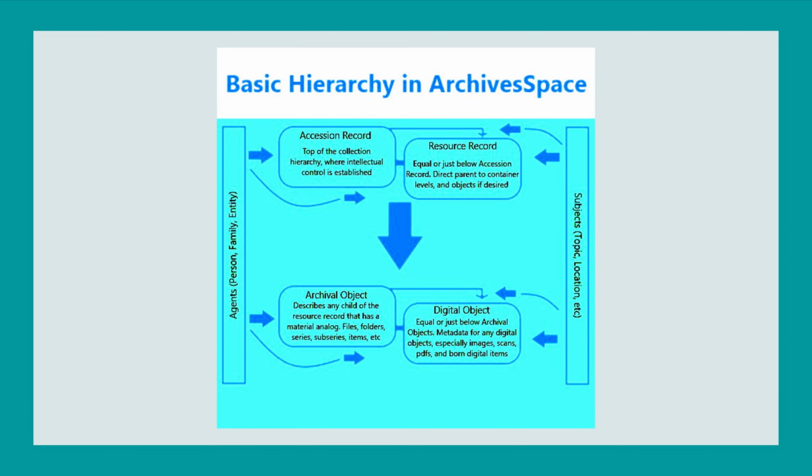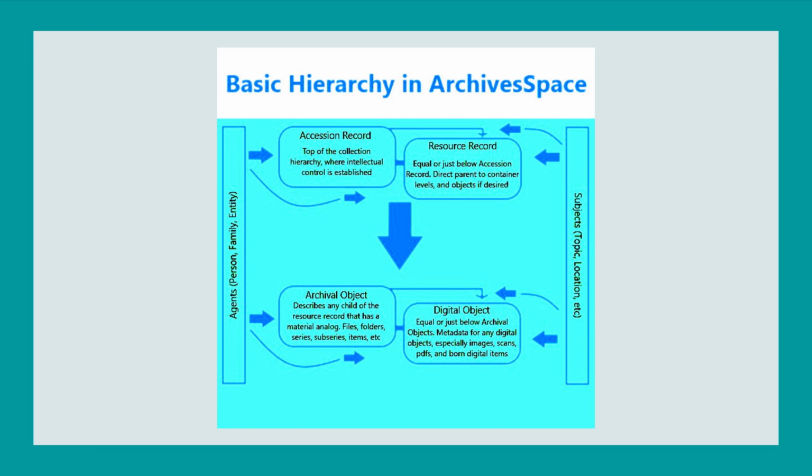There are several modules that archivists can use in ArchivesSpace for arrangement and description. You can create accession records, resource records, or digital objects. But how do you know what type of record you should create? We have created a flowchart that gives a short explanation and breaks down the relationship between accession records, resource records, archival records, and digital objects.